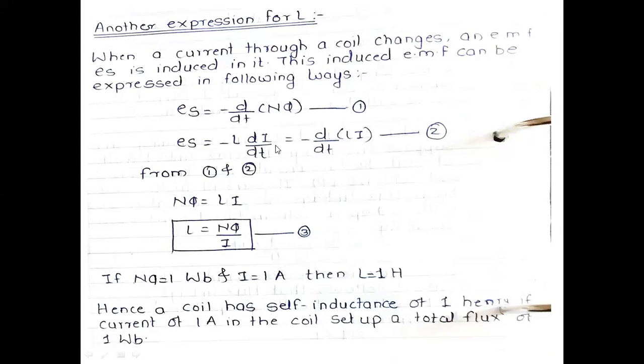Next heading, take Expression for L. Underline it. Below it, write: when a current through a coil changes, an EMF is induced in it.